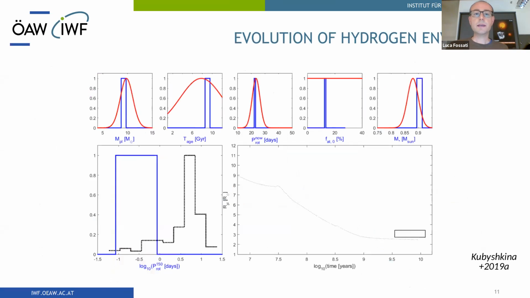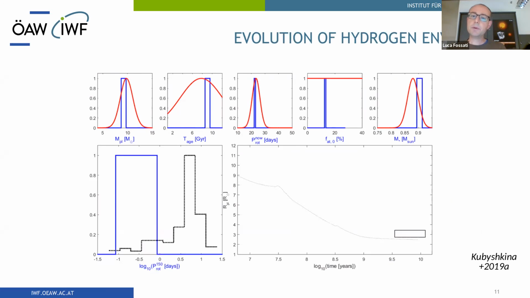So it works this way, and there is a movie here that shows you how this works, but before, let me show you what each panel of the movie is going to show you. So the red lines are the priors. And you see that we have a prior for the planetary mass, a prior for the age of the system, a prior for the current stellar rotation rate.